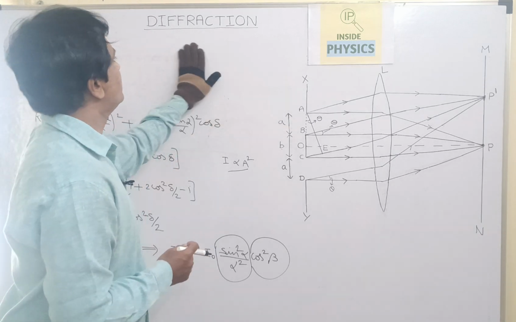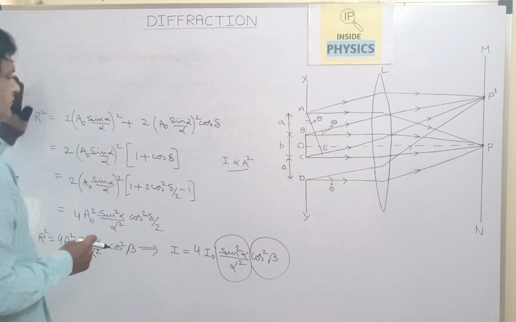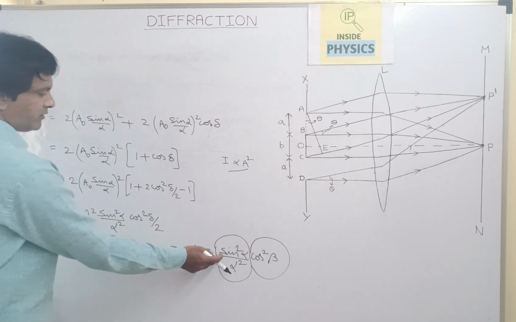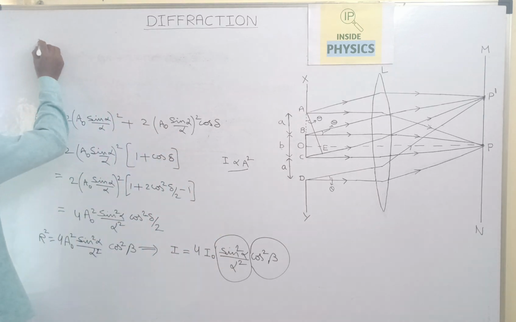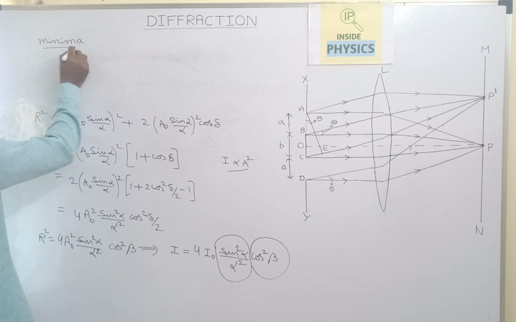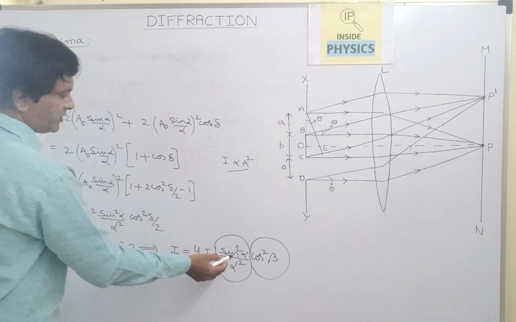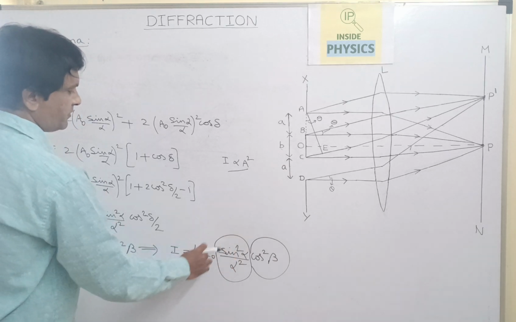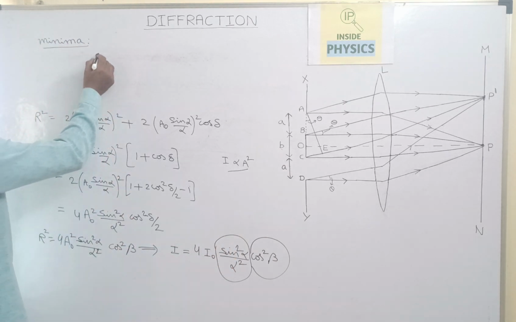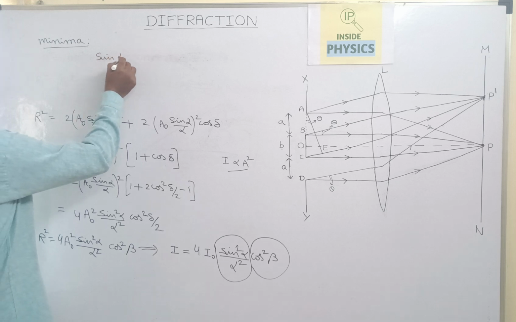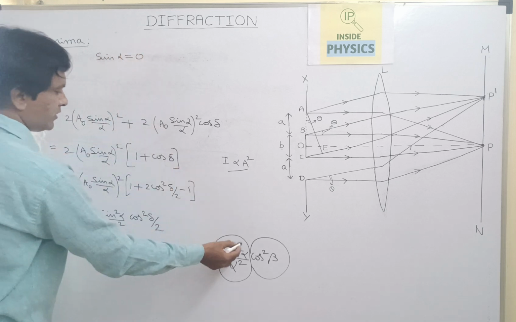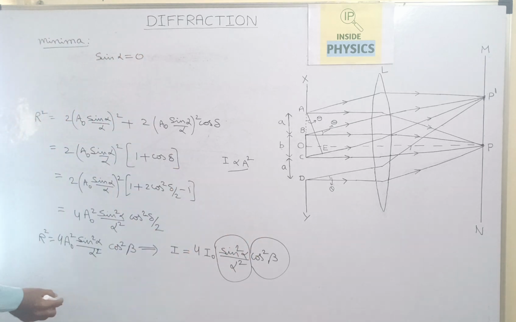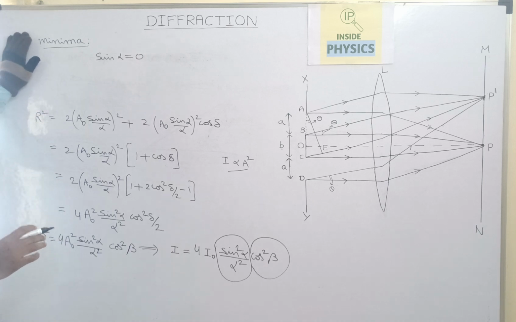So if you observe this one, for the condition of minima, what must be the sine alpha value? Minima means there must be zero intensity. So if sine alpha is equal to 0, this whole term will become 0, and then this will be suitable for the minimum intensity condition.